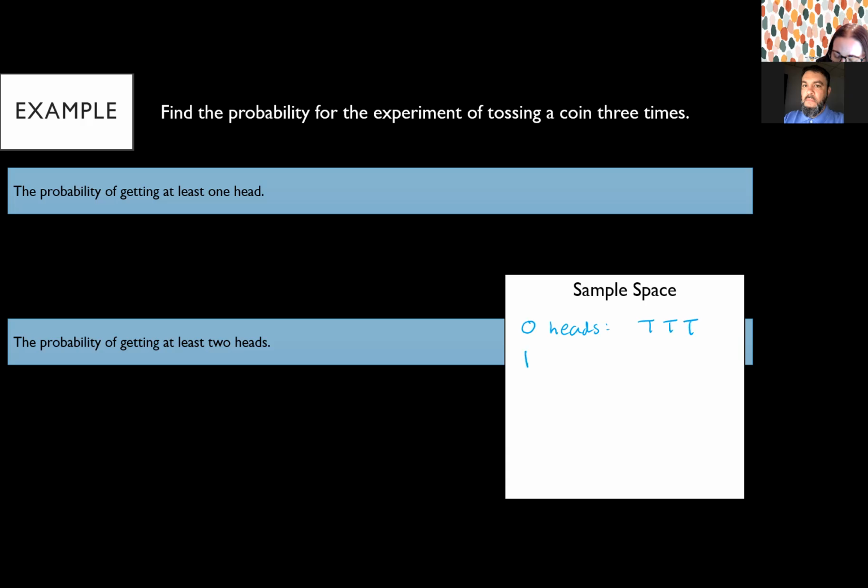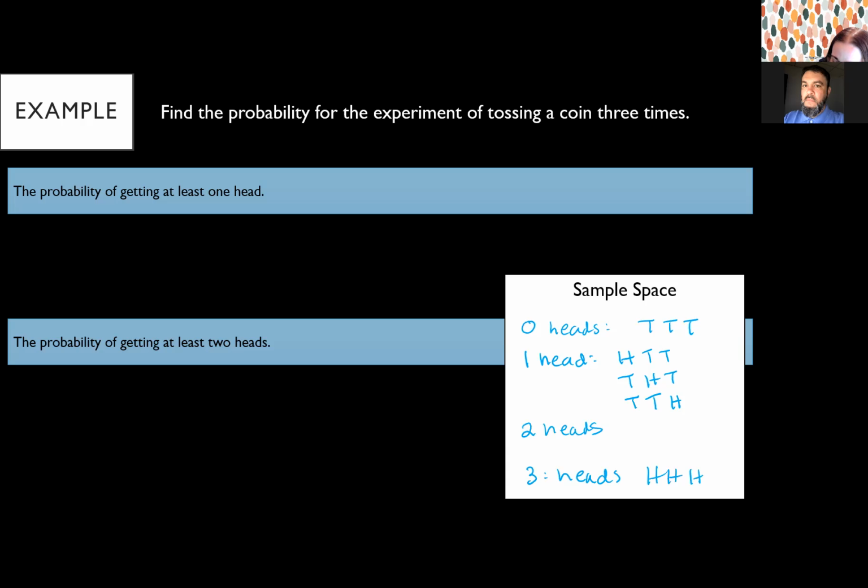We could get 1 head, and we could get the head first, or second, or third. So there are 3 ways to get 1 head if we're tossing a coin 3 times. And then we can have 2 heads, and there are also 3 ways to get 2 heads. And then we have 3 heads, which is just head, head, head.